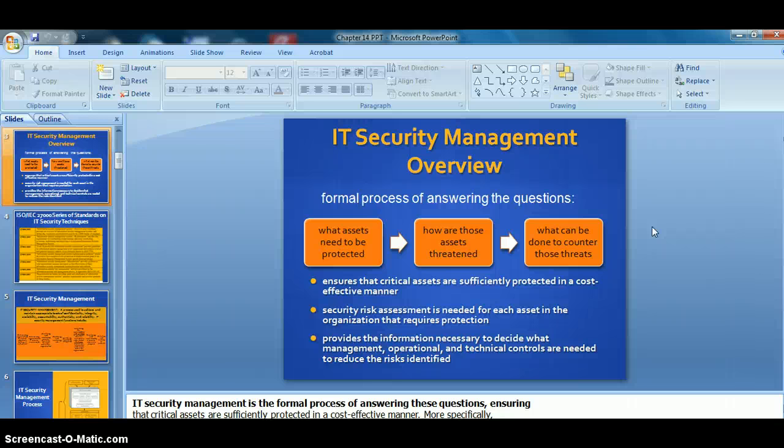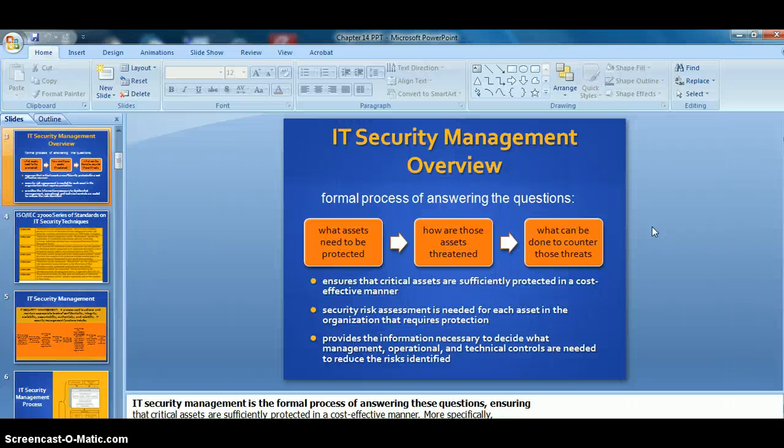Let's go through the different definitions. What are assets? What are threats? What is vulnerability? And what is risk?